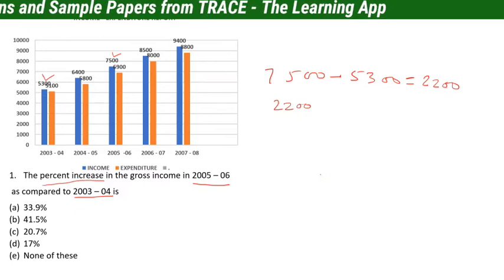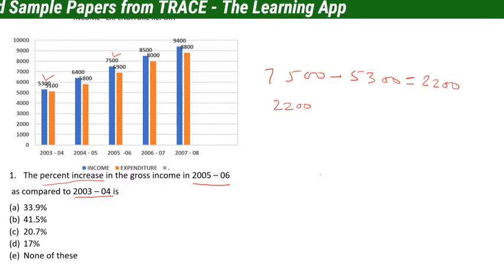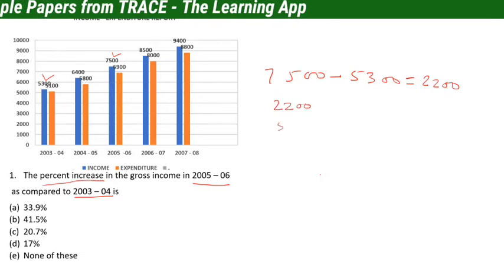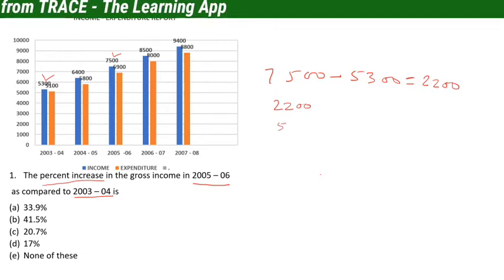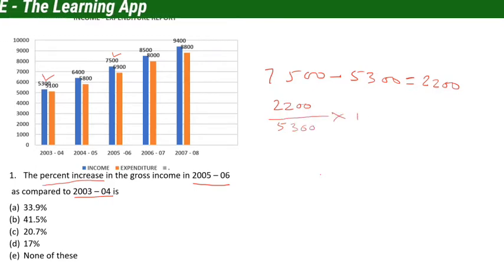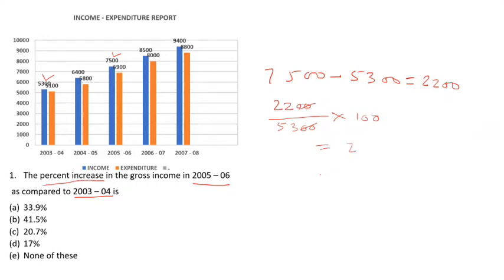So divided by 5,300, multiplied by 100. When you solve this, you can cut the two zeros: 22 into 100, that is 2200 divided by 53. Approximately, you can see 50 goes into 200 four times.